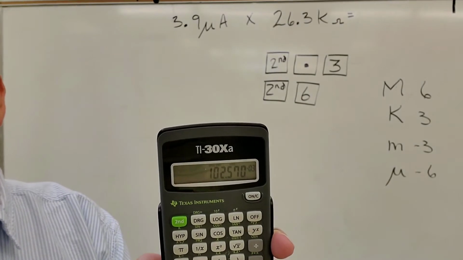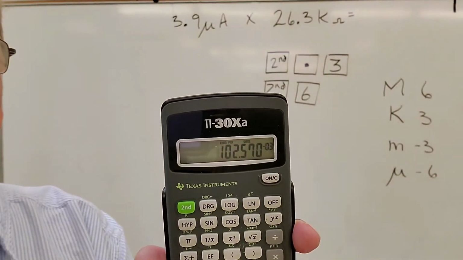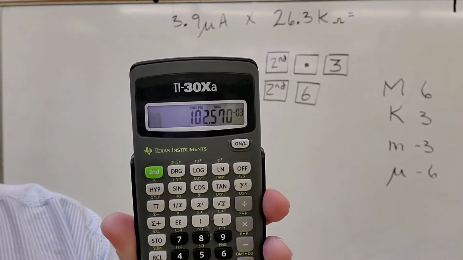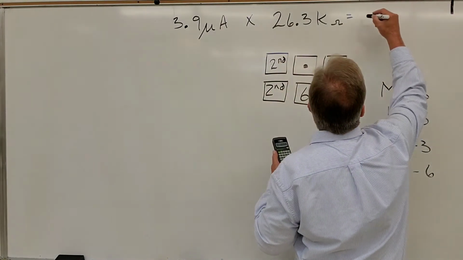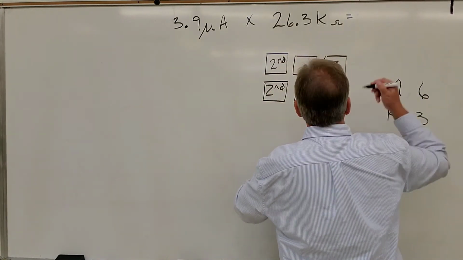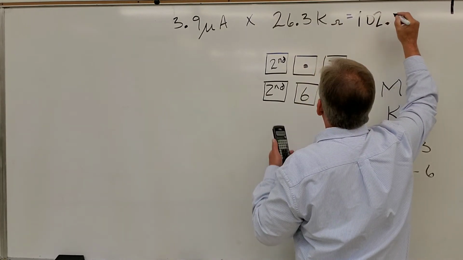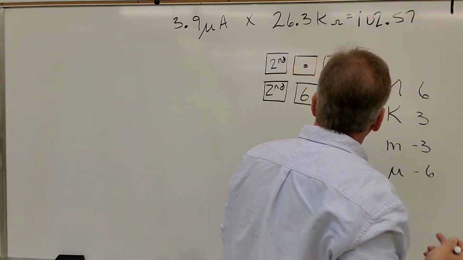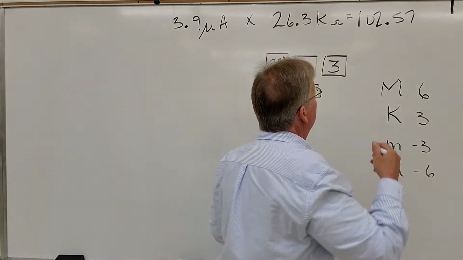I will not write that exponent -3. My value that I would write as my answer, since -3 stands for milli, would be 102.57. Now remember, I won't put the zeros if I don't have to.